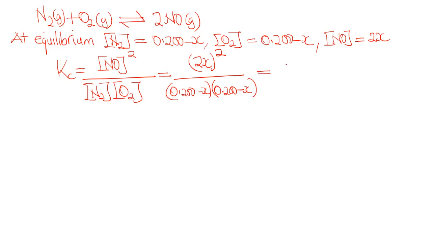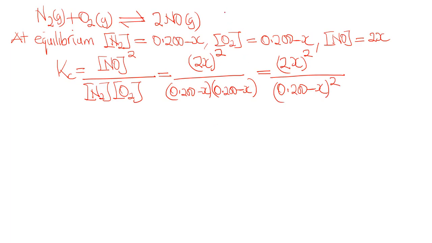If we continue, we are going to have 2x. Take note that I'm putting the whole 2x in parentheses, which means this square includes both this and this. Divided by this times this will give us 0.200 minus x squared. So that's what we have.